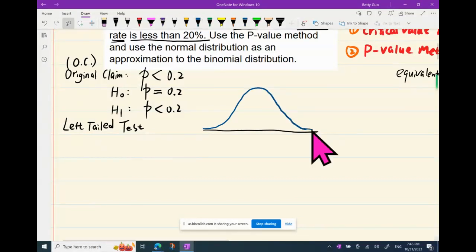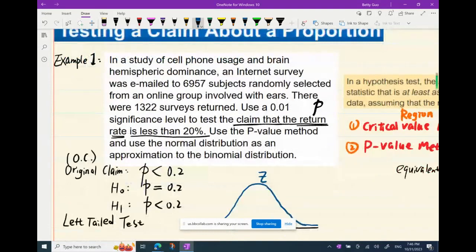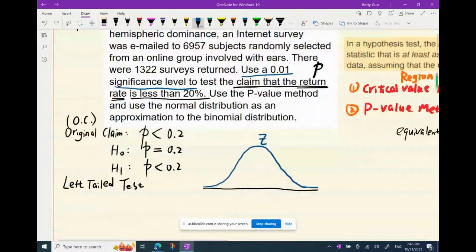Let me draw slower. So this is the Z curve. Remember, Z curve is just a different name for the standard normal curve. We have a left-tailed test. That means our significance level alpha is on the left tail.